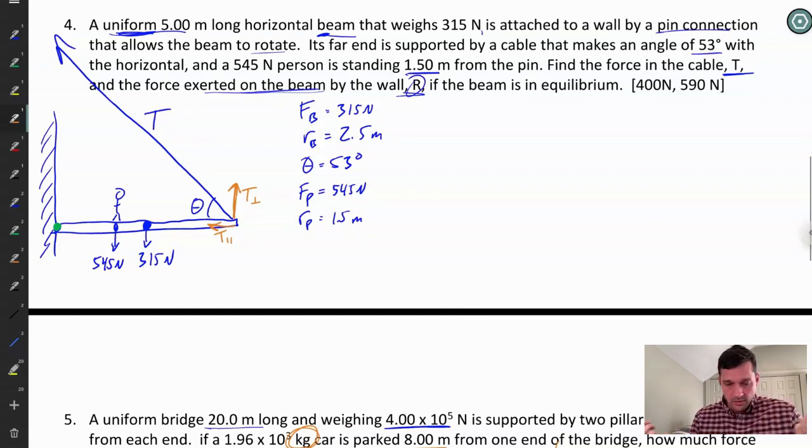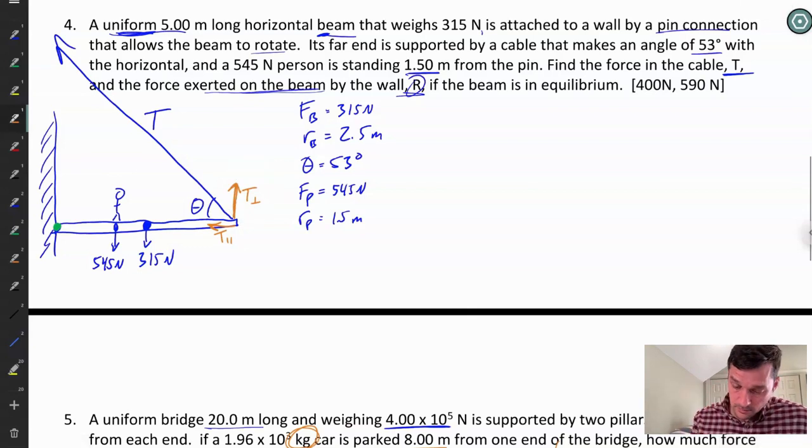If the wall were made of clay, the beam would slowly kind of work its way into the wall. So the wall itself has to be rigid enough to push back on the beam so that the beam doesn't just immerse itself into the wall. So those are the two things we want to find, or at least they're connected to what we want to find. So let's do the tension first.